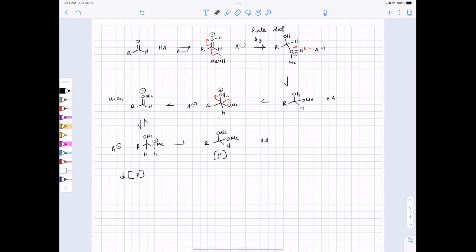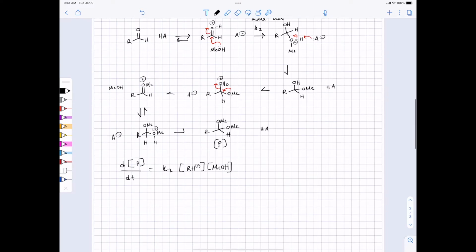and we'll call this K1, K minus 1, whatever. The appearance of our product P is going to be equal to K2 times the concentration of our protonated aldehyde, which maybe we'll call RH plus, times the concentration of methanol.